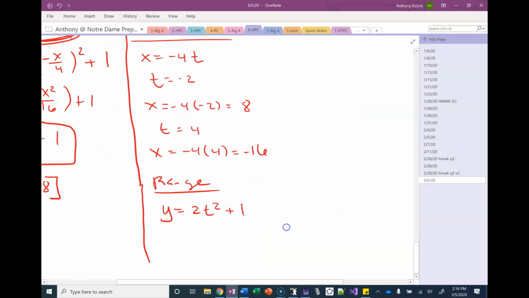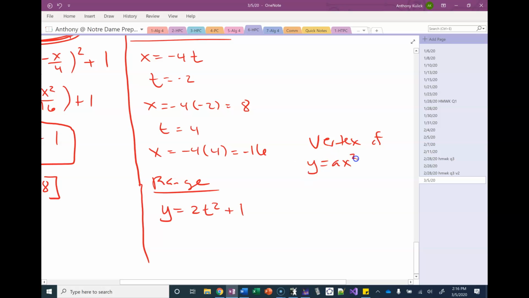So we know it has a minimum value at the vertex. How do you find the vertex of a parabola? Very good. So that vertex, the x-coordinate is negative b over 2a. That's the part we care about. So what is that value here? 0 over something, which is just 0.